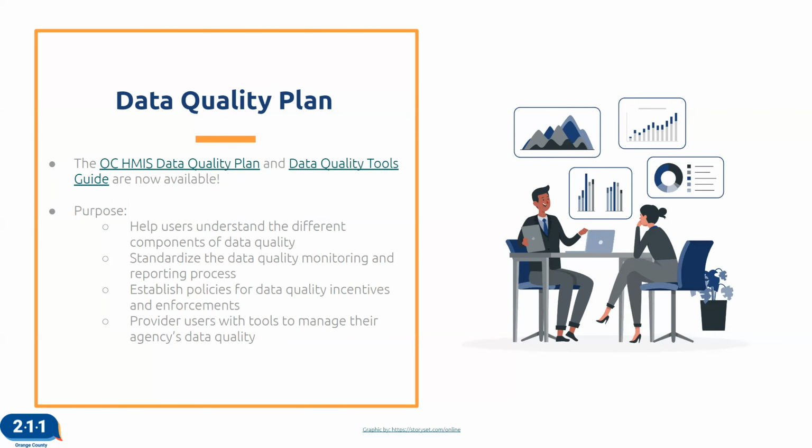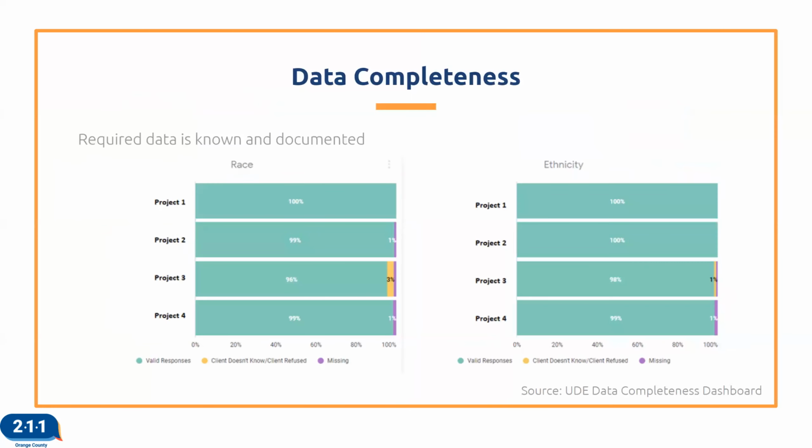Next slide. So the first part of the data quality plan goes over what the different components of data quality are. I'm going to go over those briefly with some examples. The first is data completeness. This is just the degree to which required data is known and documented. One example of data completeness that we have is our data completeness dashboards, and also our quarterly report card that we publish.